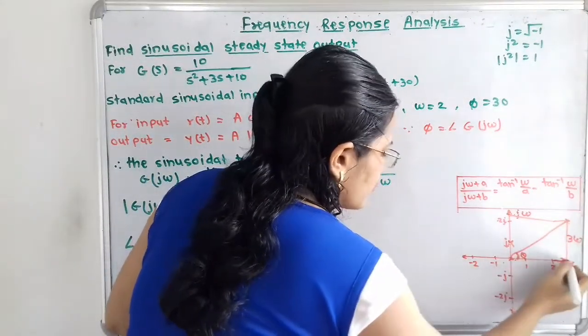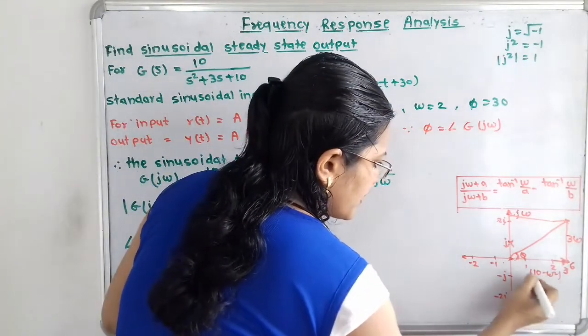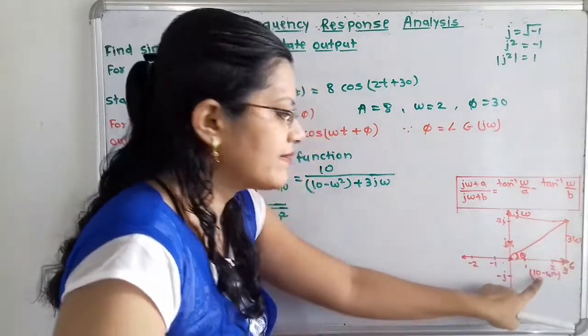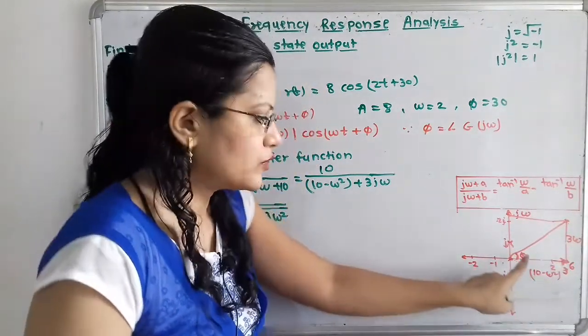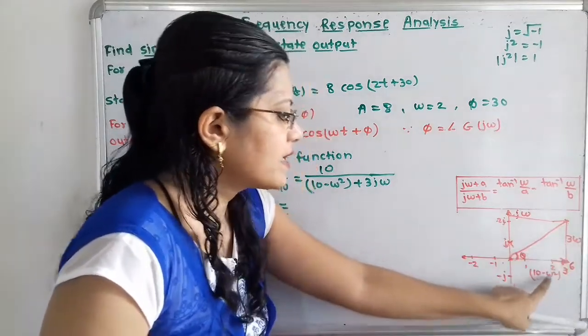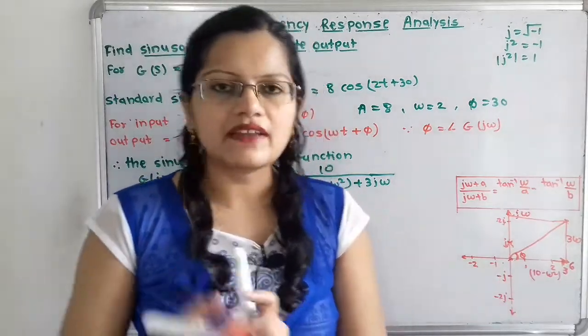And for this horizontal line it is 10 minus omega square. So tan theta is equal to 3 omega divided by 10 minus omega square. So theta is equal to tan inverse of 3 omega by 10 minus omega square. This is the value of theta that we can calculate.